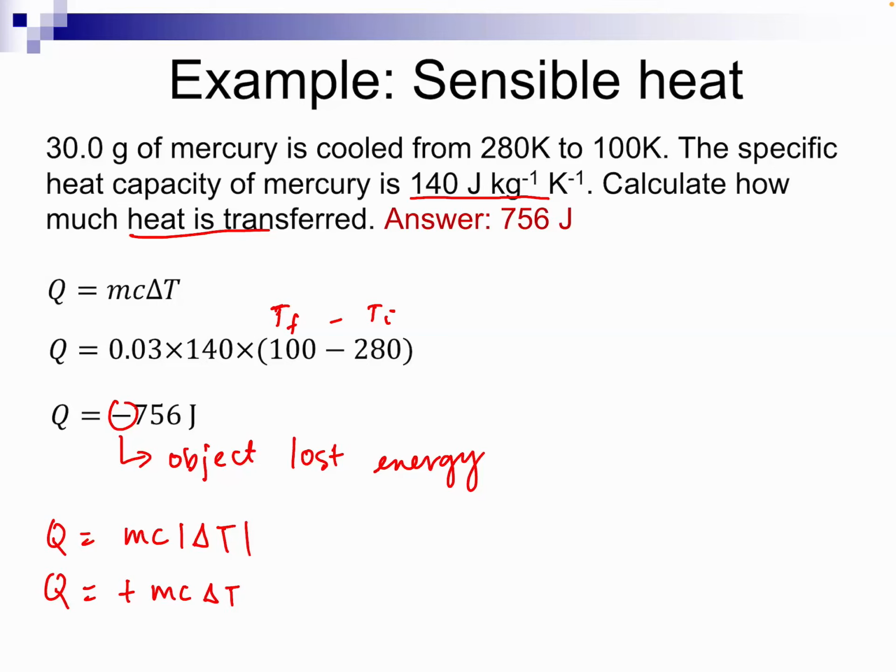If the object's temperature decreased, then we know that the object lost energy, even if your calculator is giving you a positive number for the Q. So always look at the context of the problem to determine whether the object lost energy or gained energy as a result of heat transfer. All right.